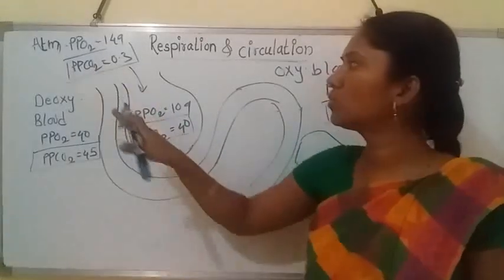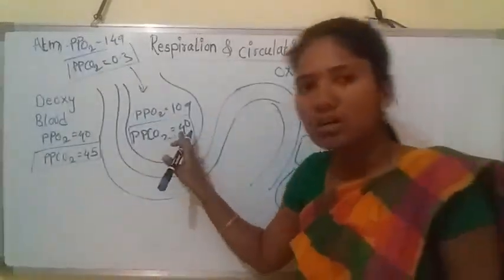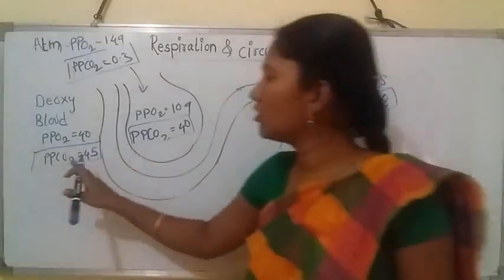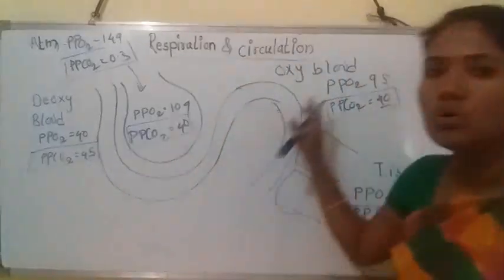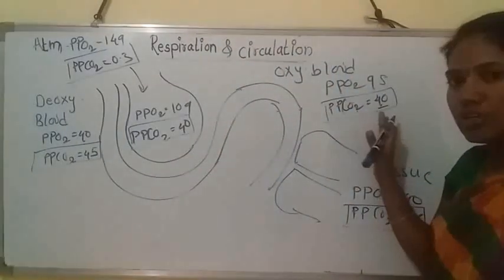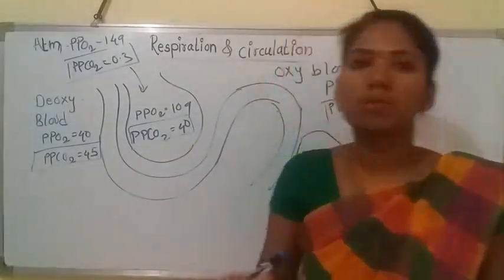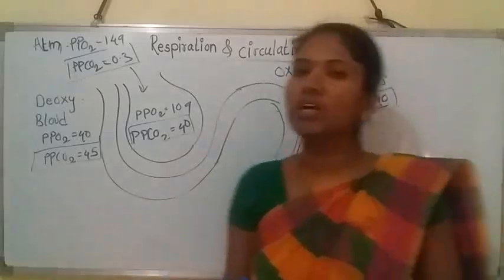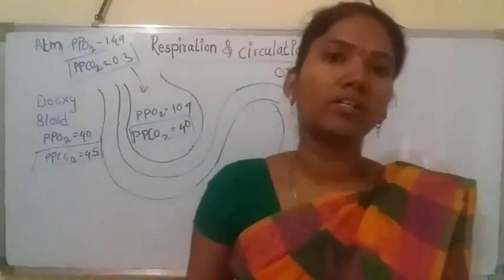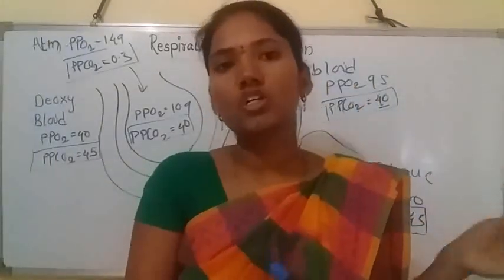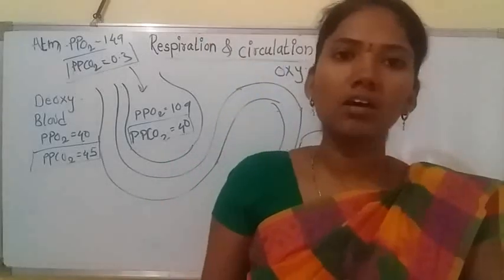Partial pressure of CO2 in atmosphere is 0.3, alveoli 40, deoxygenated blood 45, oxygenated blood 40, and again in tissue 45. All these values have the unit mm of Hg, and with this point we have completed our second point, that is external respiration or exchange of gases at the alveolar level.